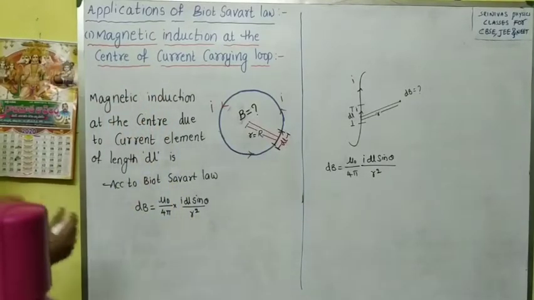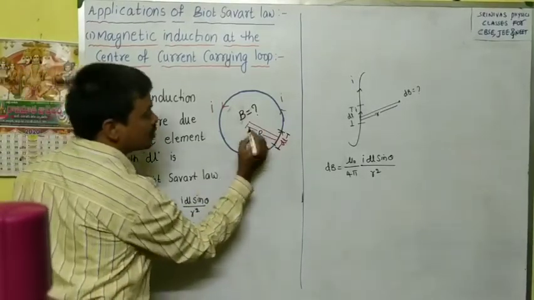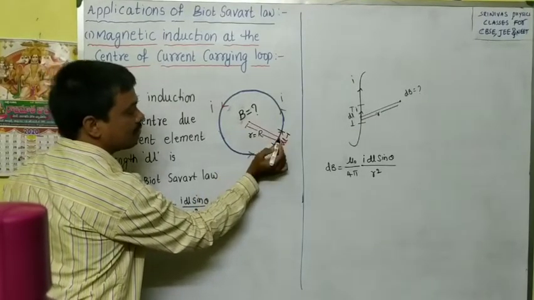Now let us see what θ is. θ is the angle between dl and r. r is the distance from the element to the point where we are finding the magnetic induction.